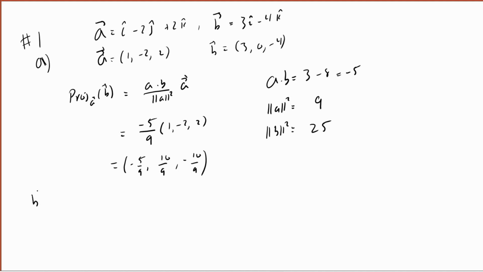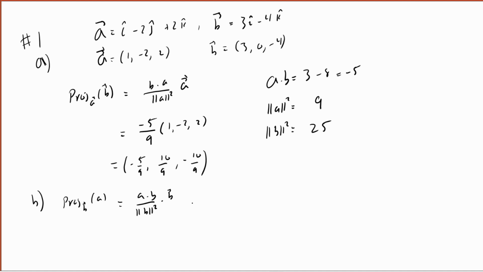Okay, B is find the projection of A onto B. So this is very similar. A dot B over norm B squared times B. I should actually write, typically I write this as B dot A, just to keep the same pattern of doing the projection of B onto A or A onto B. I do it B dot A times this.